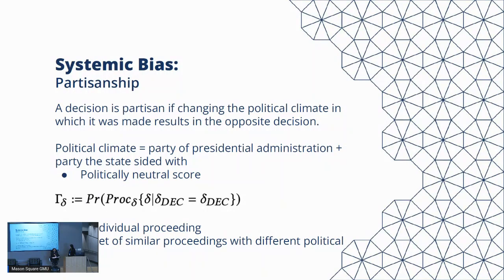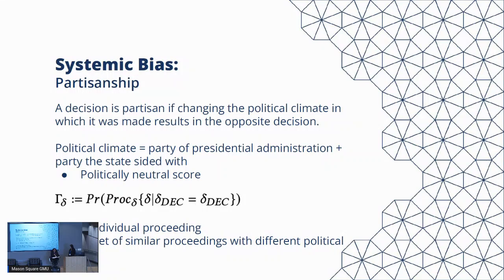And so for the purposes of this project, we defined political climate as consisting of 2 factors: the political party of the presidential administration involved and the political party of the candidate that the state voted for in the last presidential election, thus representing political climate on a state and national level.